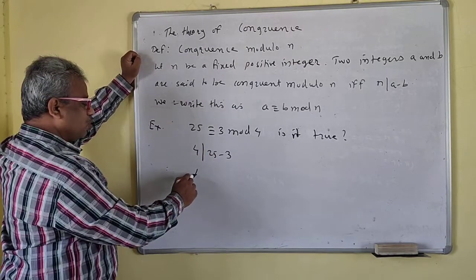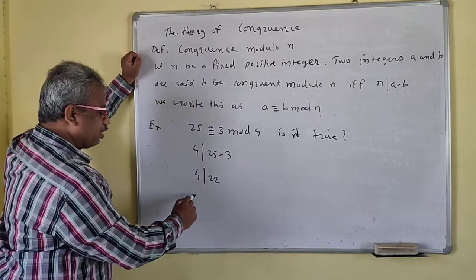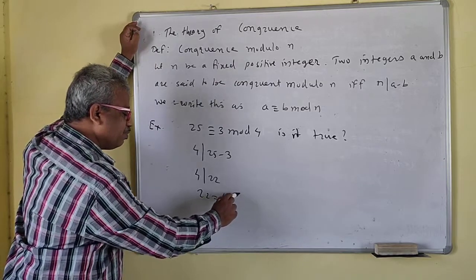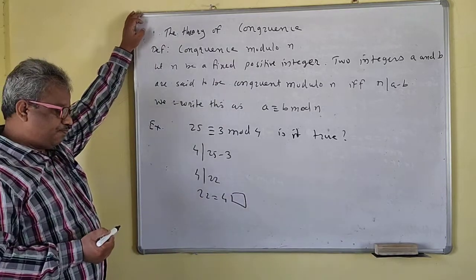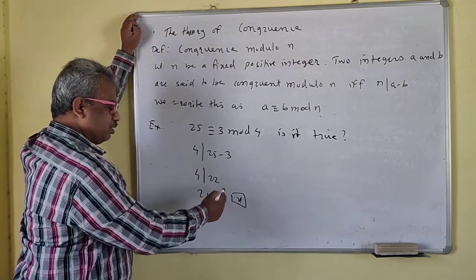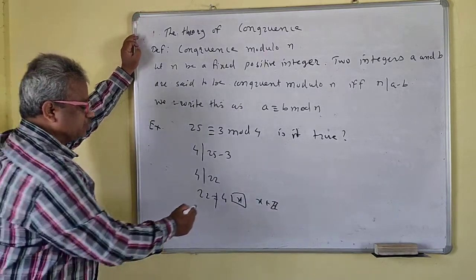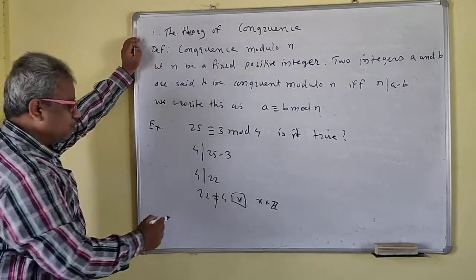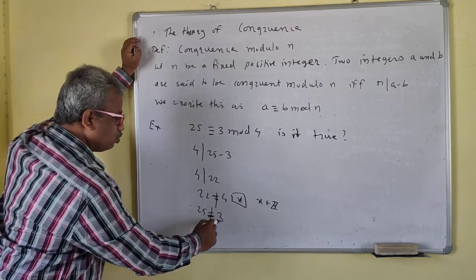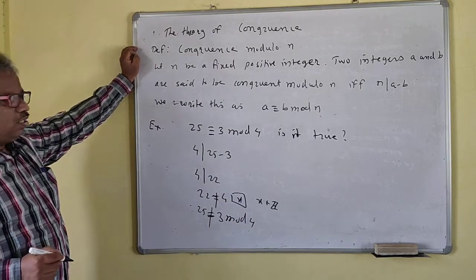So 25 minus 3 is 22. So can we write 22 as 4 times some integer? No. 22 is not equal to 4 into x where x belongs to Z. You cannot write this. So therefore 25 is not congruent to 3 mod 4.